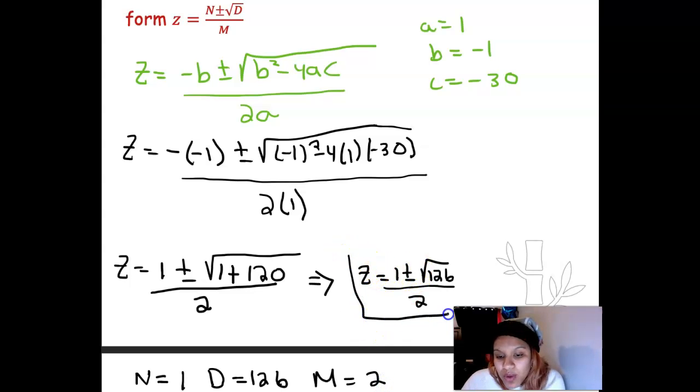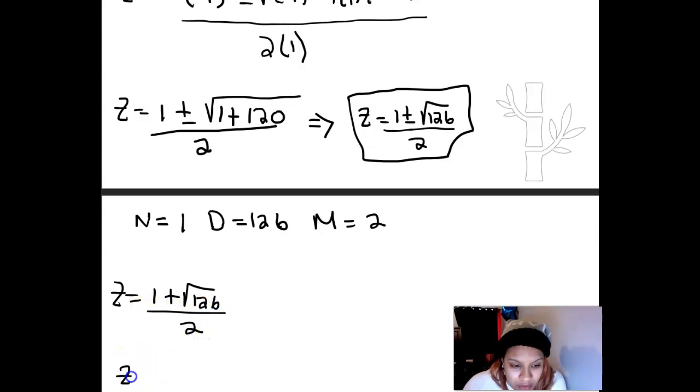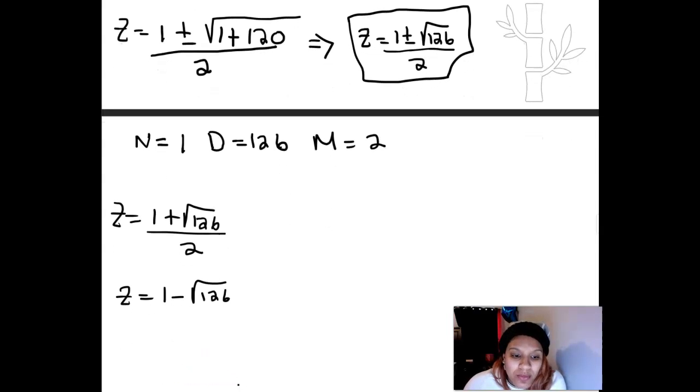That way you know what number goes exactly for what variable. All right. Now let's go ahead and find the two values. So we have z equals 1 plus square root of 126 divided by 2. And we have z equals 1 minus the square root of 126 divided by 2.